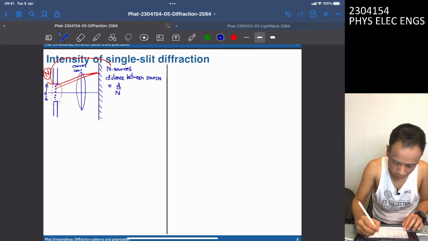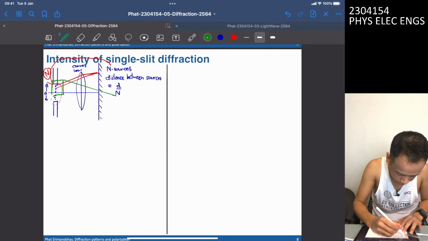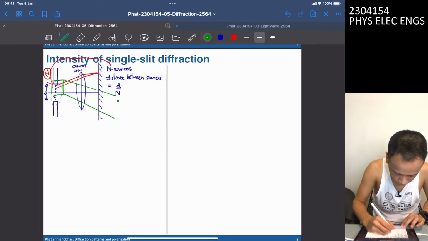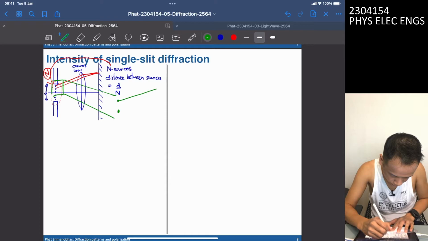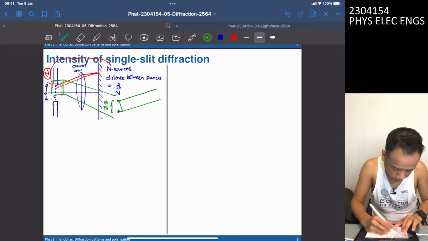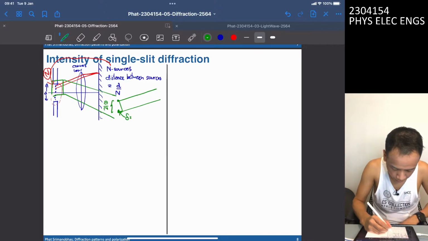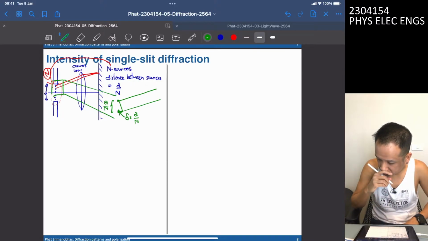So we try to zoom in, okay? We zoom in, so you get two sources. You make the light happen, and this is a over N. And then you have this path difference delta equal to a over N sine theta, right?